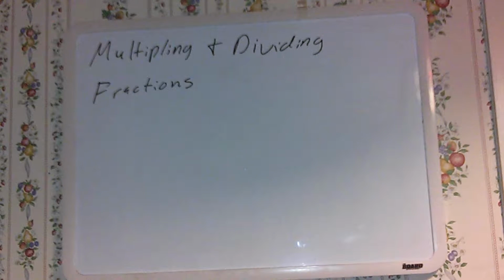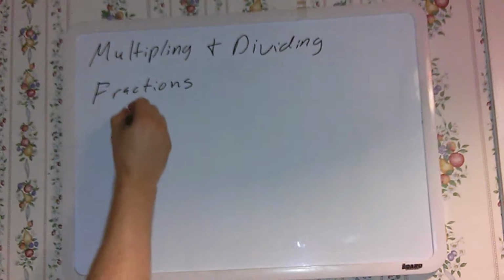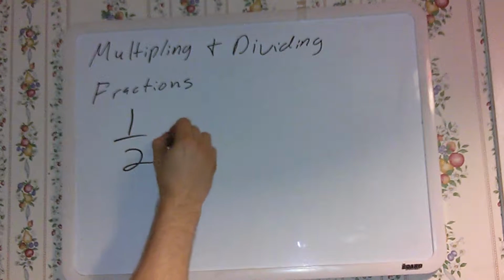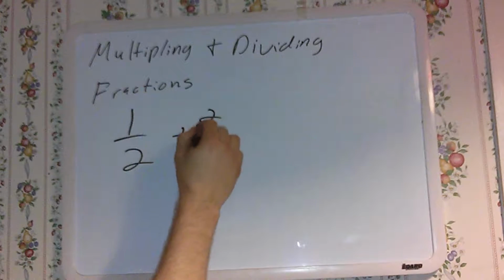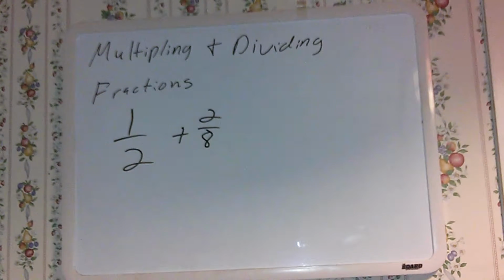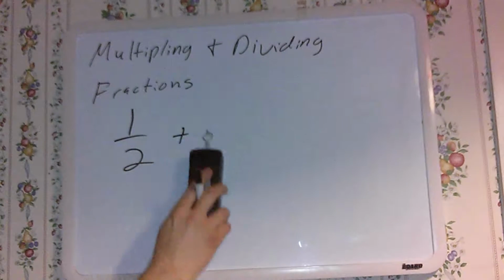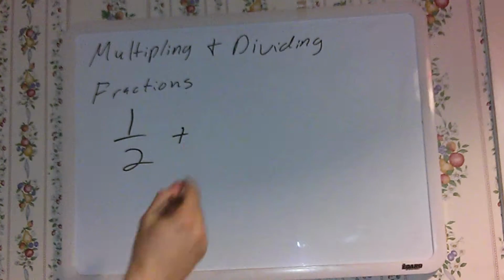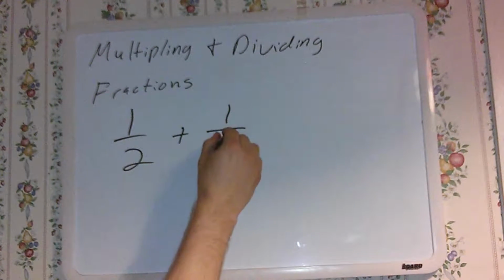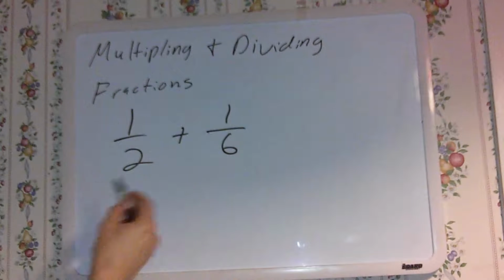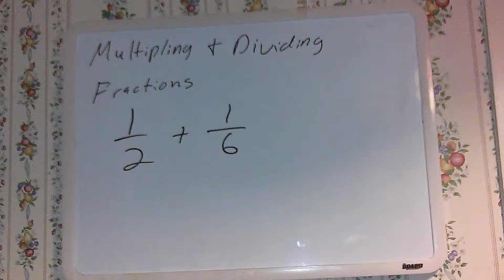Now you know when we were adding and subtracting fractions, that we had, let me do a different fraction for that. That we had to get these two numbers the same when we're adding because you have to have the common denominator.